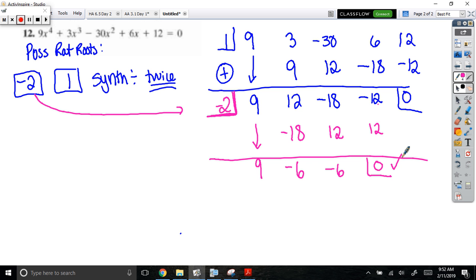All right, so now let's put our variables back in. So this will be 9x squared minus 6x minus 6, which we can take out a GCF at least of a 3.